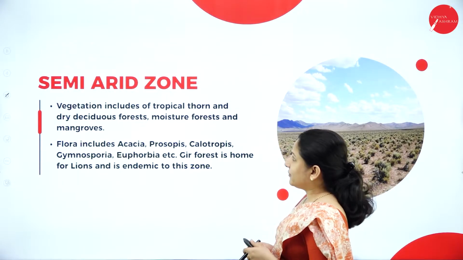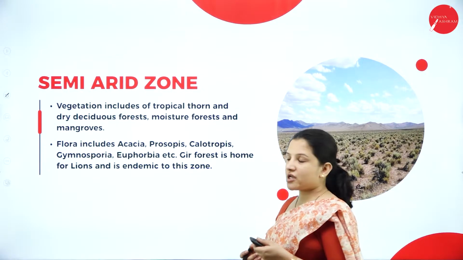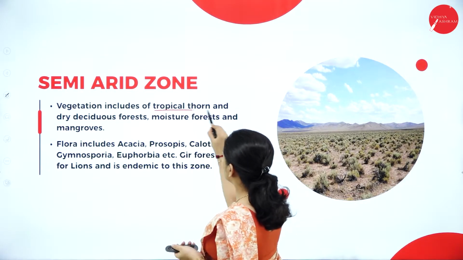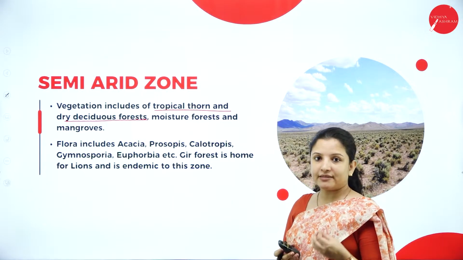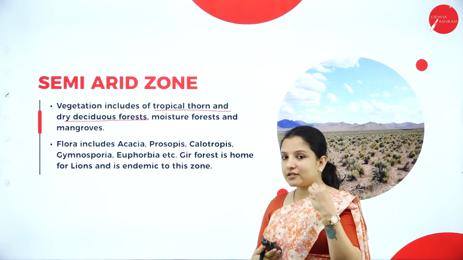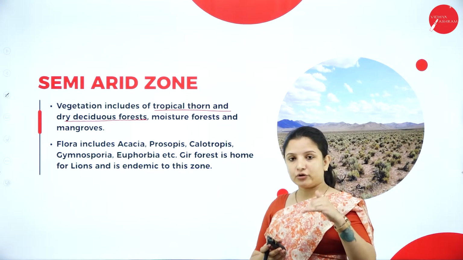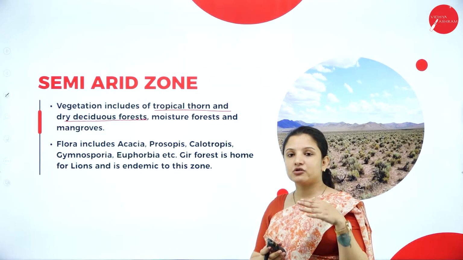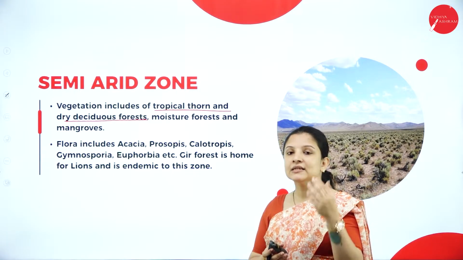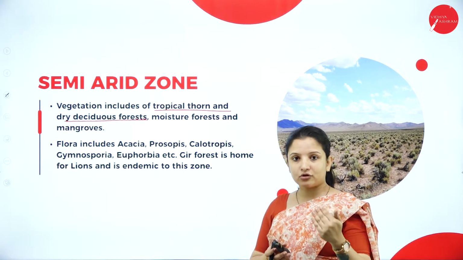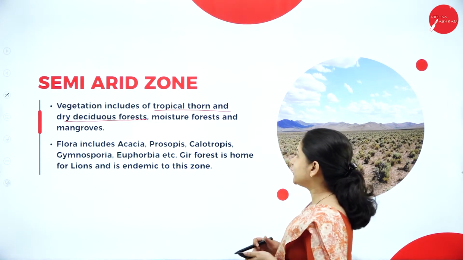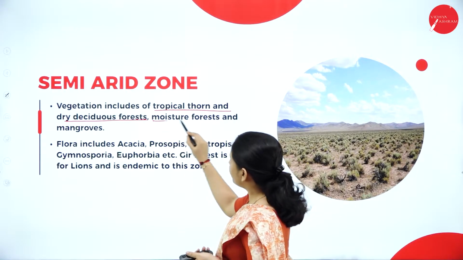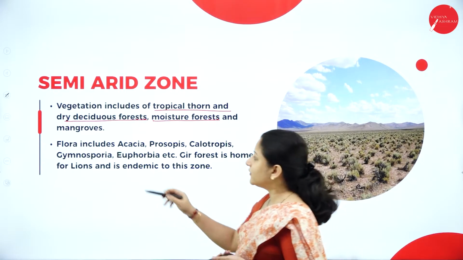So this is about the semi-arid zone, and talking about the vegetation, they have tropical thorn and dry deciduous forest. Why they have thorny plants is because first of all the rainfall is less. So in order to prevent excess evaporation or loss of water from the plants, the leaves get converted into thorns. So they have a lot of thorny plants with dry deciduous forest, and they also have moist forest, and they also have mangroves.